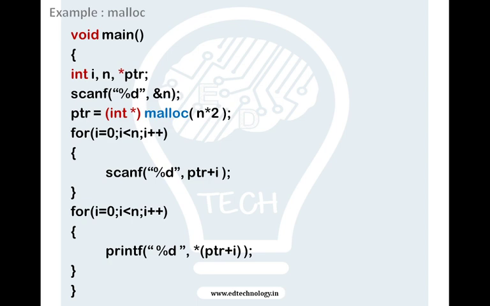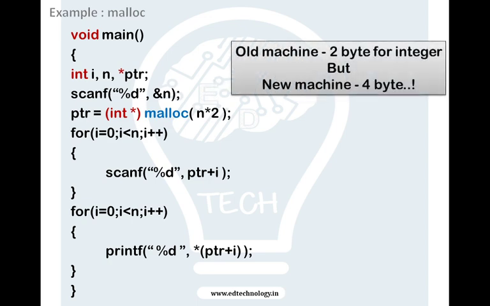This is the same thing. N into 2. If you are using a new machine, because many of the people in the earlier lectures have also asked me this very question, that sir, in my machine it is showing the addresses in 4 bytes.